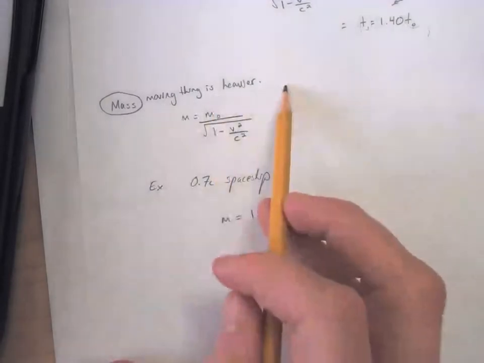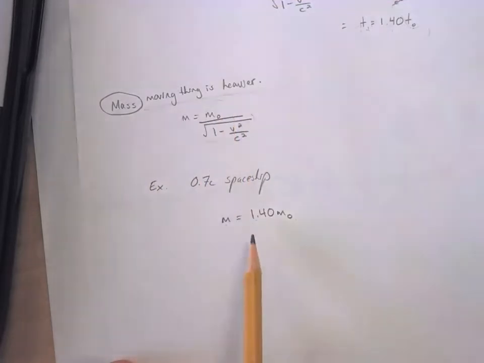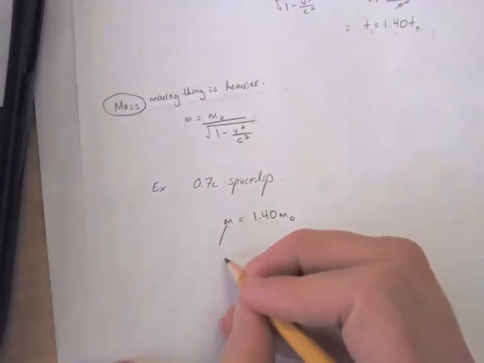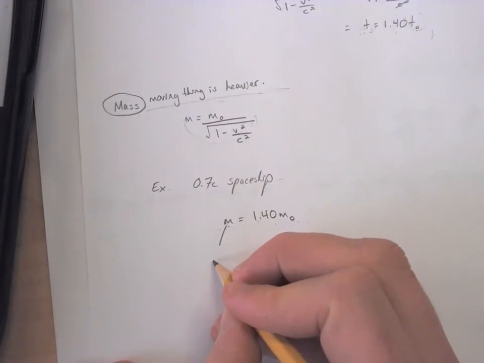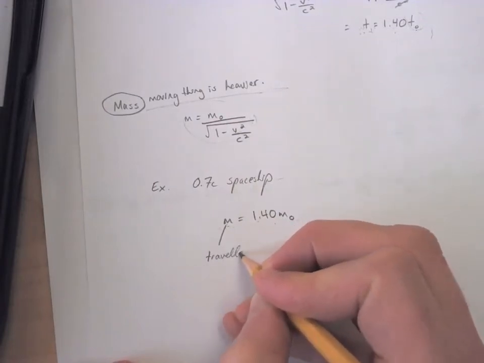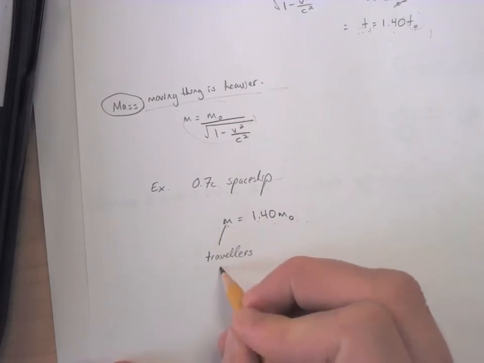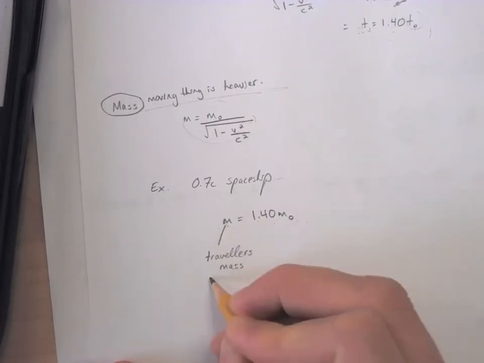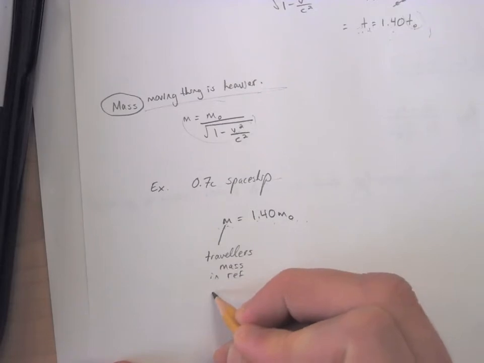Well, this is how I kind of remember. Moving things are heavier. Okay, and since this one is 1.4 times that one, this one's going to be the heavier one. So this is the traveler's mass in reference to Earth.